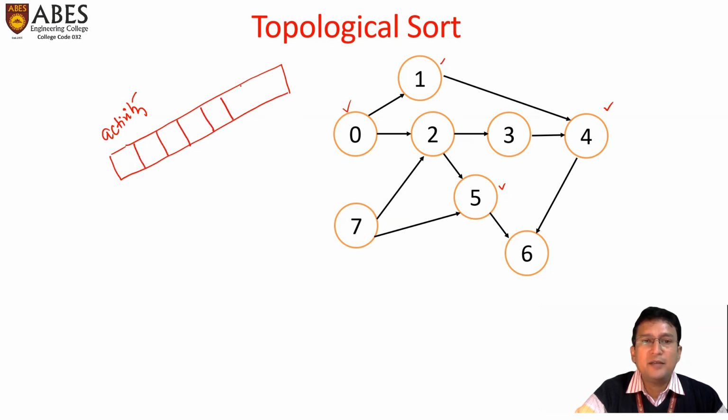I hope you have already seen my previous lecture, where I told you how to find out the in degree of the vertices in the graph. For finding out the in degree, we take a direct address table. We initialize all the values of the direct address table as 0.